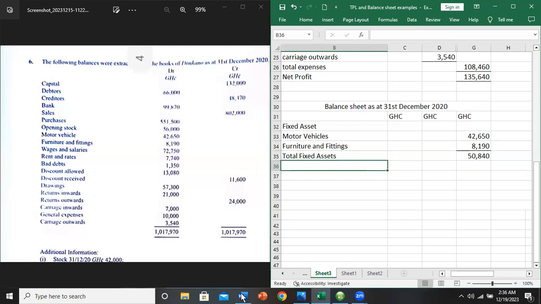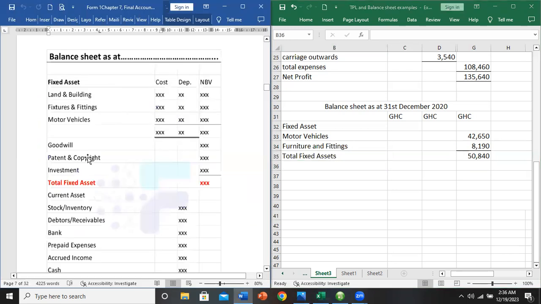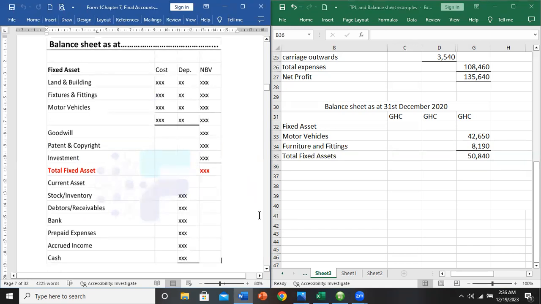If you move on to the format, after the fixed asset, the next one is the current asset, right? So let's familiarize ourselves with the current asset before we move on.